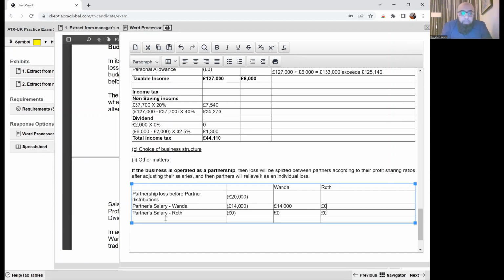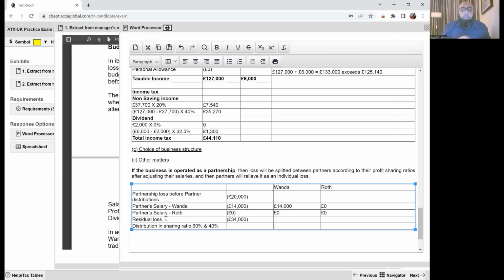Now this gives us the residual loss. So the residual loss is 34,000. This residual loss will be distributed in the sharing ratio, which is 60% and 40%.